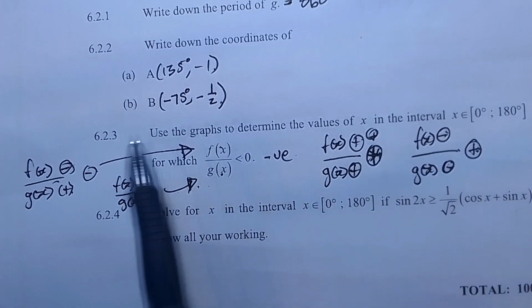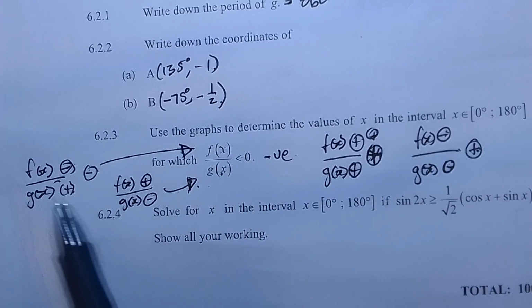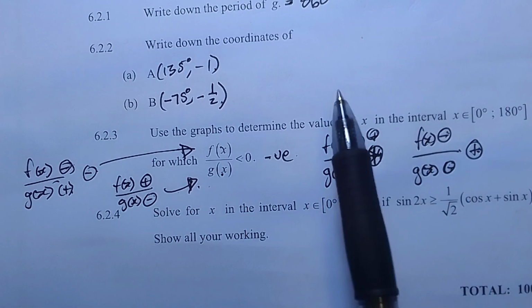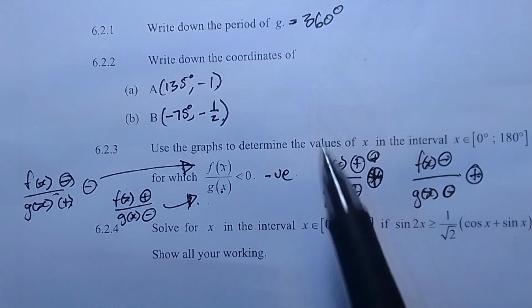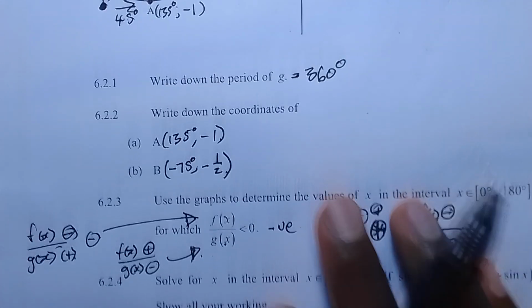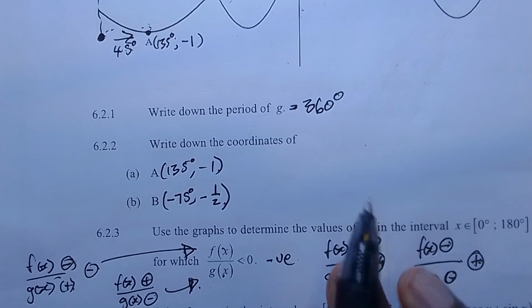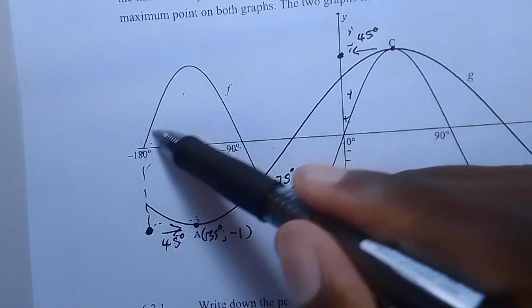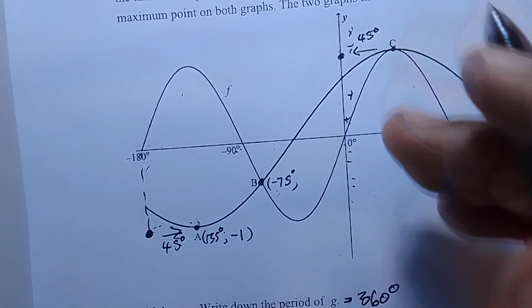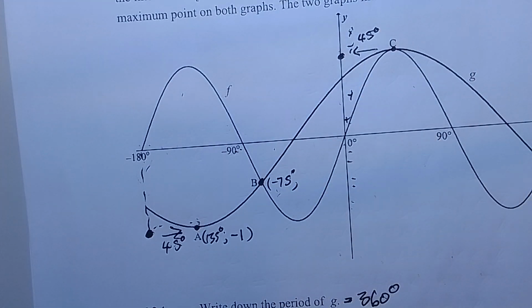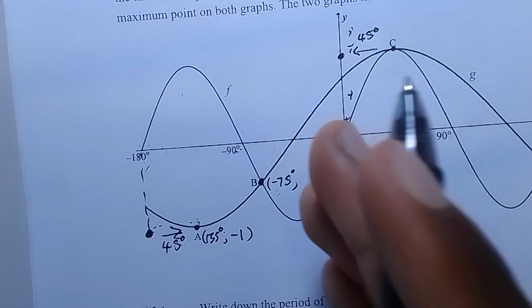Now, let's look at our analysis again. If f of x and g of x are both positive, that means they are both on the same side of the x-axis and they are both on top, right? I'm going to teach you how to do this problem generally, not just this one.